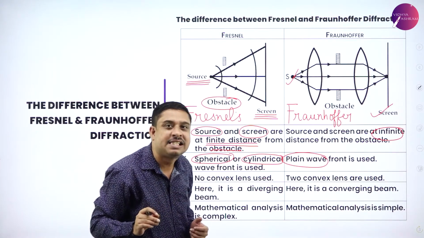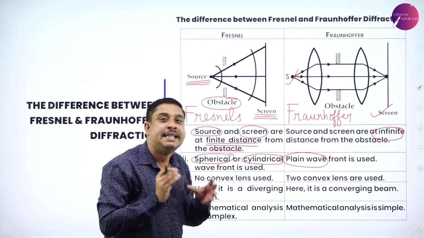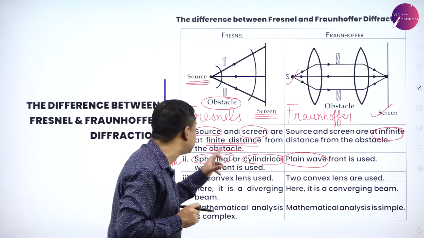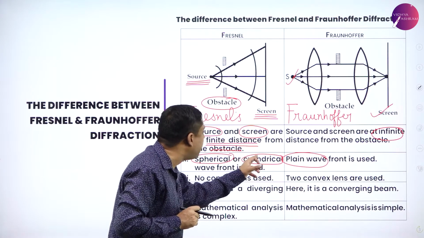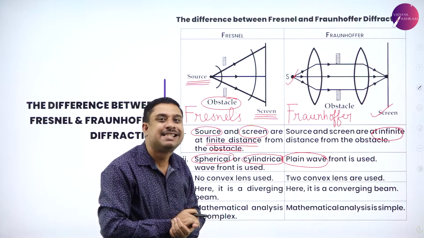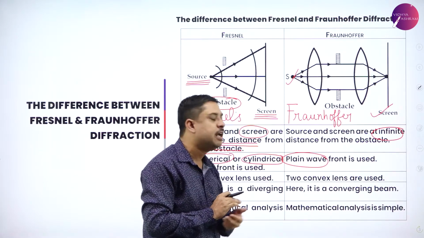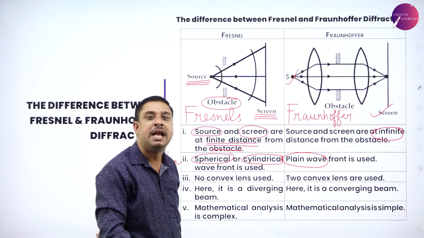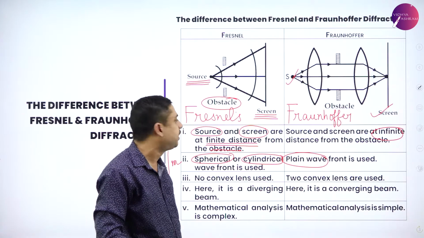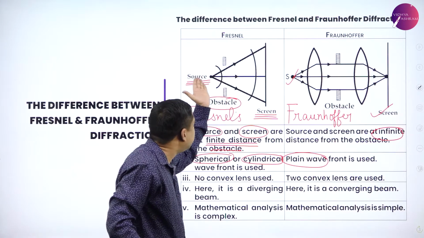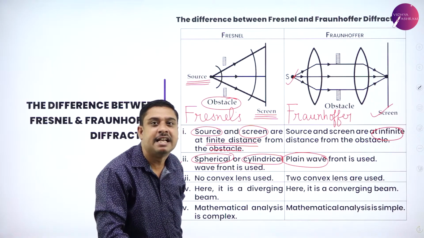For Fresnel's diffraction, the nature of the wavefront used is either spherical or cylindrical. Fraunhofer, it is a plane wavefront. Fresnel, if you observe, we don't have any convex lens.